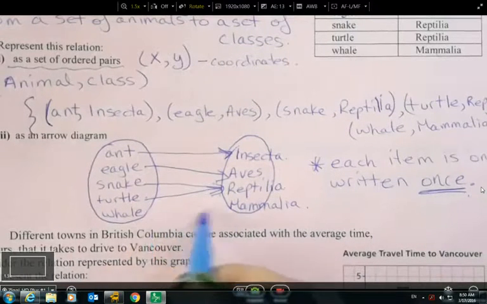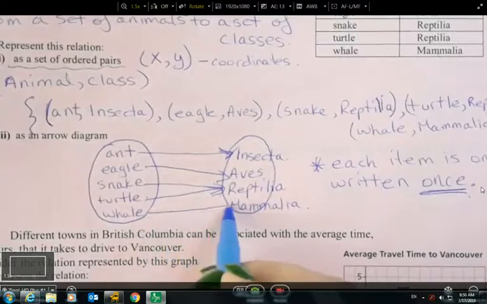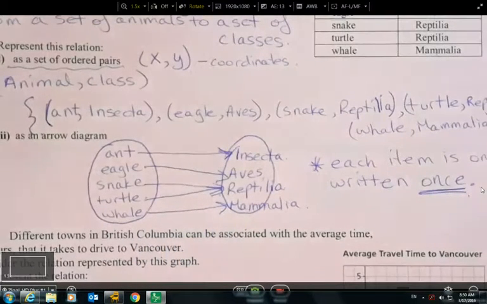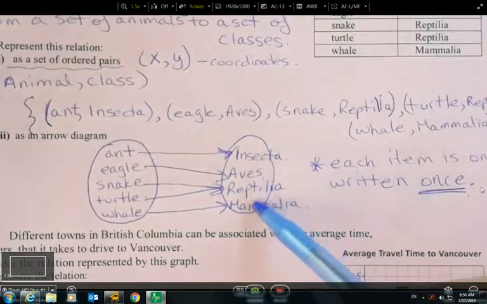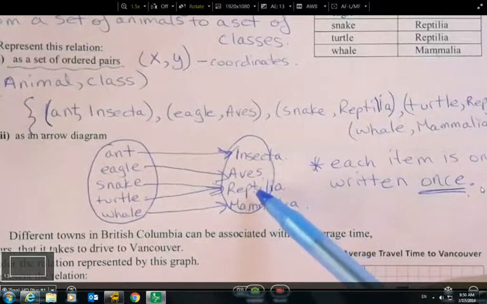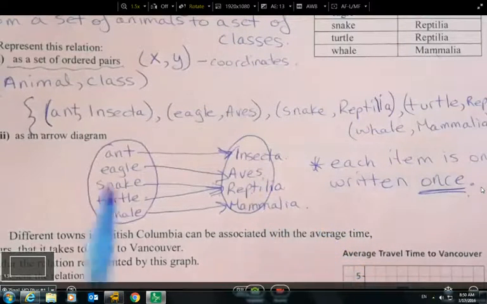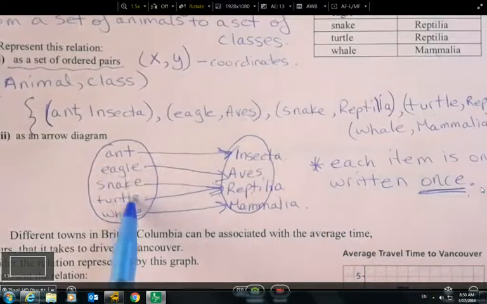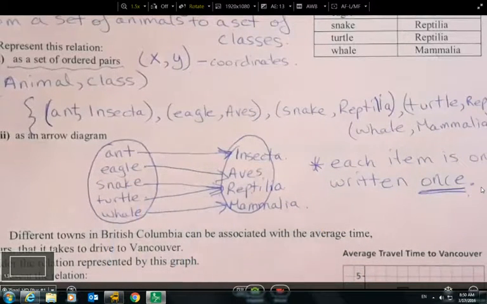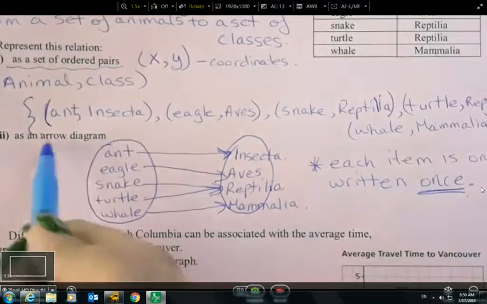And then whale goes to Mammalia, okay. So if an item shows up more than once, you only write it down once, but it might have two things going to it, so you just show that with the arrows going to it. All right? So that's an arrow diagram.